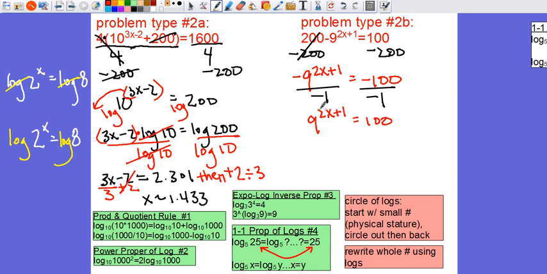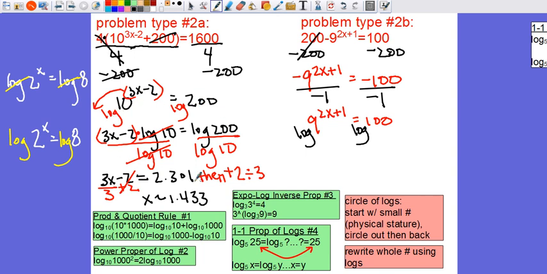Okay, and from this step onwards, it should look like what you see on the left side. So right now I'm going to log both sides. These colors should have been switched right here.